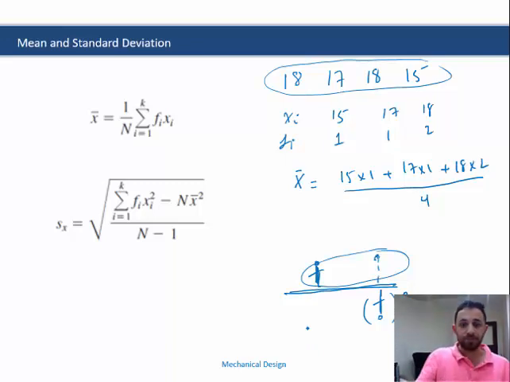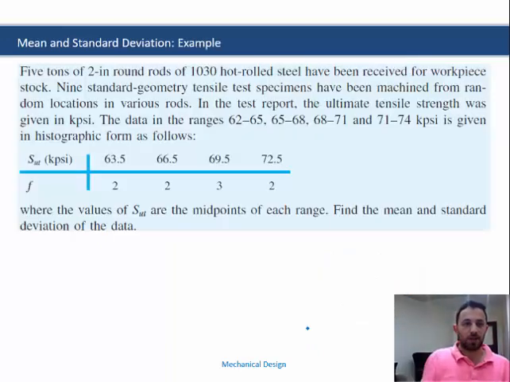Okay, let's take an example. If we have 2-inch round rods of the type of material is steel, okay, and this number 10, 30, the 10 here indicates carbon.